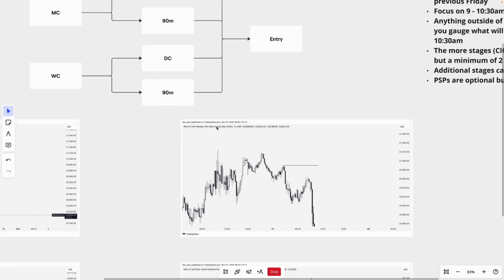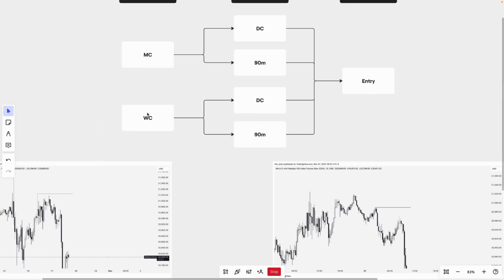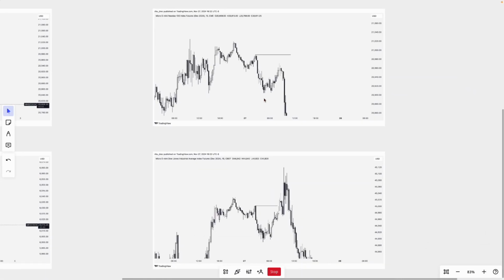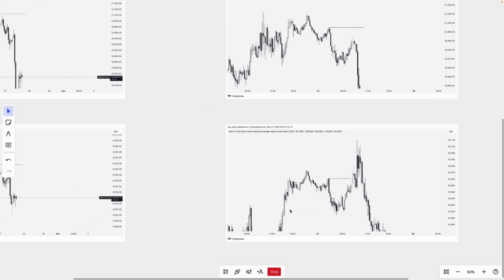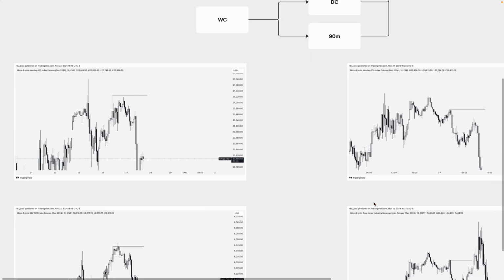And this is that second stage. This is our daily cycle sequential SMT. So this is the one shot, one kill model where we have a weekly cycle sequential SMT followed by a daily cycle sequential SMT. And it's after that, that is when we have our move down. And you can see that here on the higher time frame. So that's essentially the model.